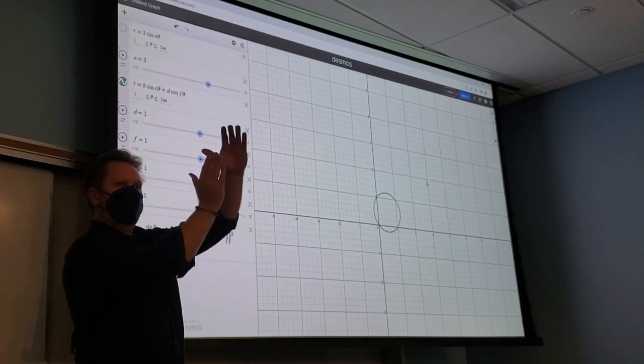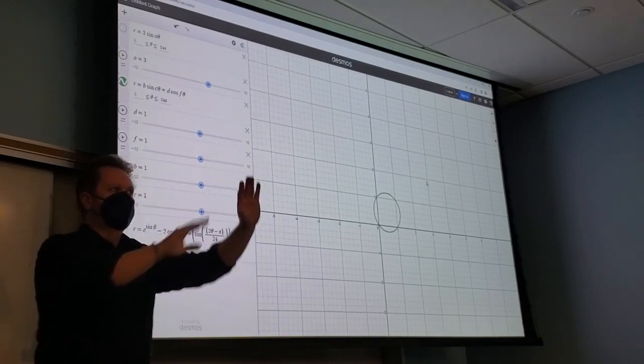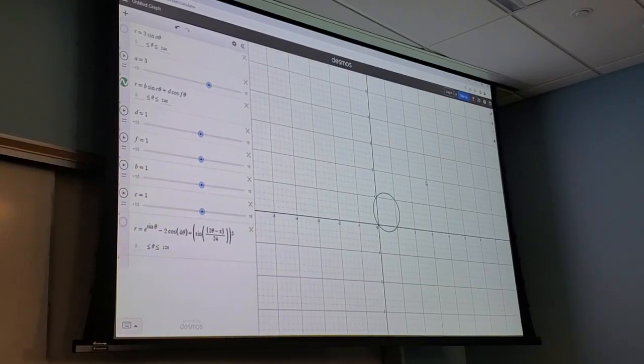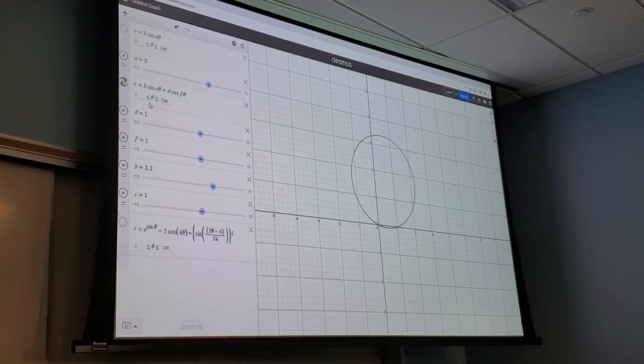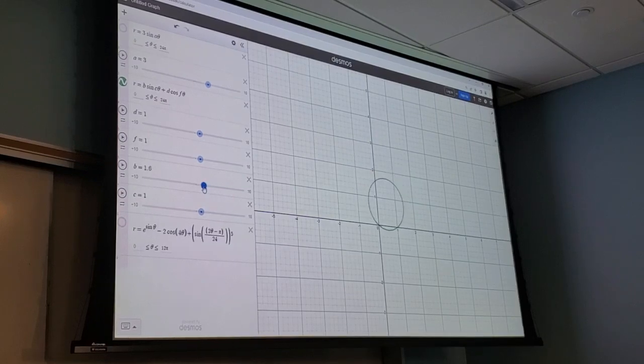So of course it's going to be at a diagonal. So if I just change b, for example, it grows in the y direction. Why does that make sense? Because b is the coefficient of sine. If I change the coefficient of cosine, which is d, it grows in the x direction.